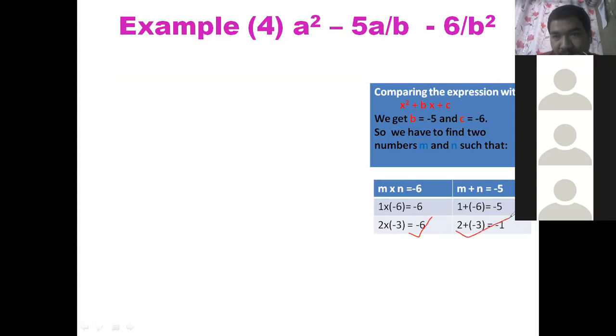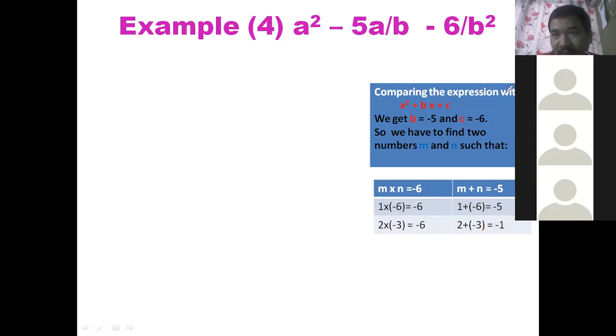When you add, what will come there? Minus 1. Good. But which one is correct here? 1 into minus 6. Minus 6 and 1, 1 plus minus 6 is minus 5. This is the correct one, right?